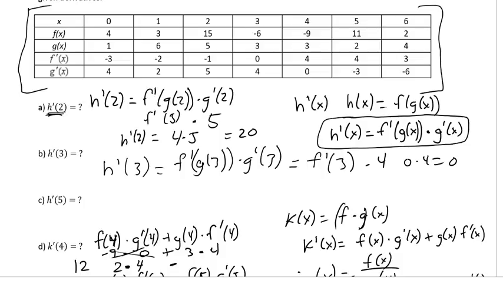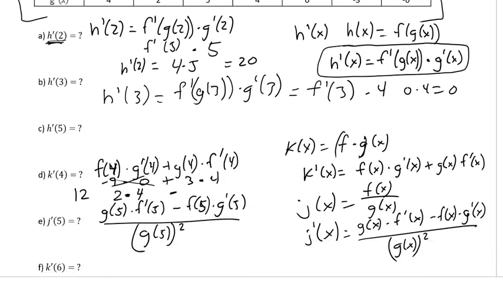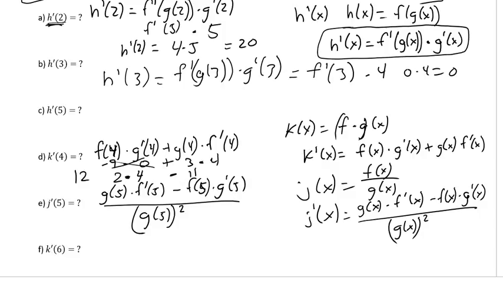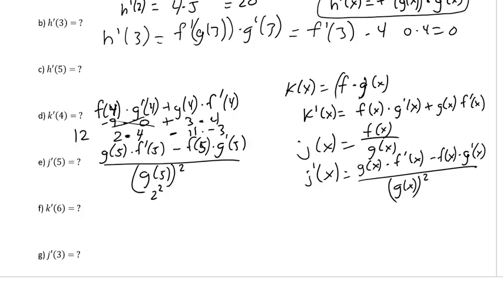So 11 times negative 3, and g of 5, we already said it was 2, so 2 squared, which of course is 4. So this one would simplify, it'd be 2 times 4 plus 33, so 8 plus 33, which is 41 over 4. So j prime of 5 is 41 over 4. Now k prime of 6 and j prime of 3 can all be done in exactly the same way.